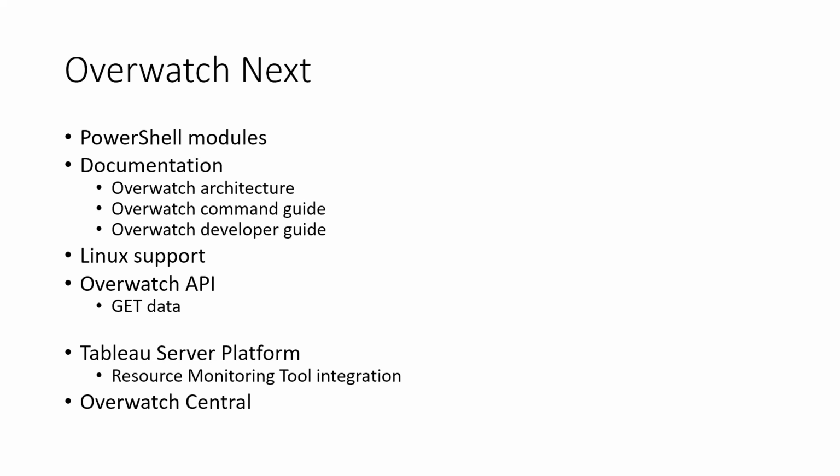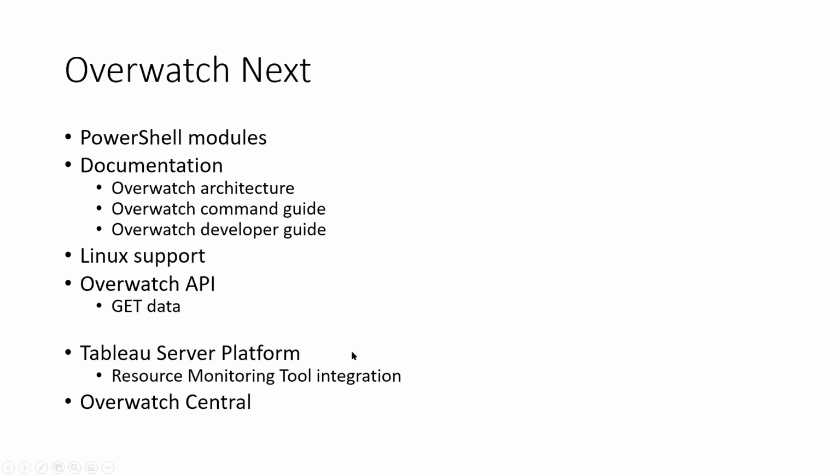I mentioned earlier the need for an Overwatch API, and it looks like I started to type that and never finished. There's a couple of things that I want to be able to do, particularly being able to request current platform status data, and to be able to use that to drive visualizations or to drive what someday will be a centralized implementation of Overwatch.